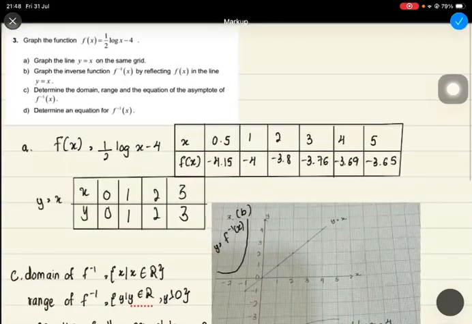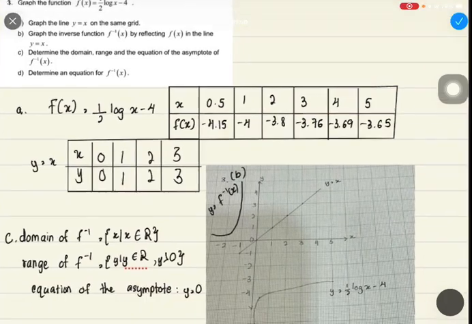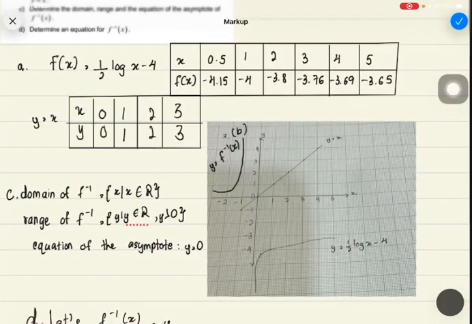After that, number C asks for the domain and range and the equation of the asymptote of f inverse of x. Oh wait, we have to do f inverse of x in number B, so we have to draw the inverse of this one in here, just a reflection because it's an inverse.